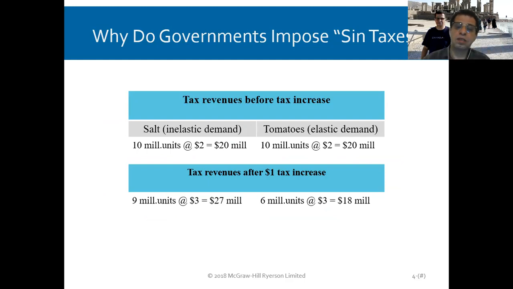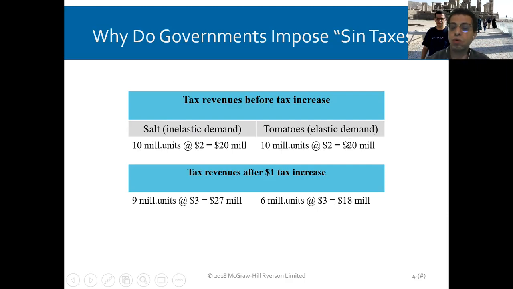So for the tax revenue before the tax, you have inelastic demand, so you have the salt, and you're selling 10 million units, and each unit is, say, $2. Then you have 20 million generated. And for the tomato, you're selling 10 million at $2 each. You're still making $20 million.